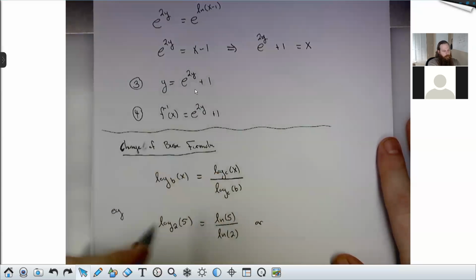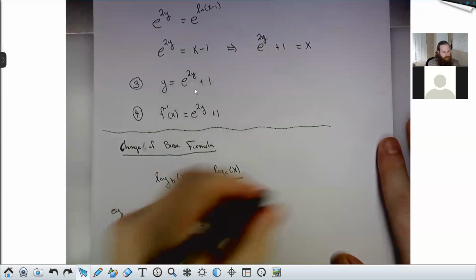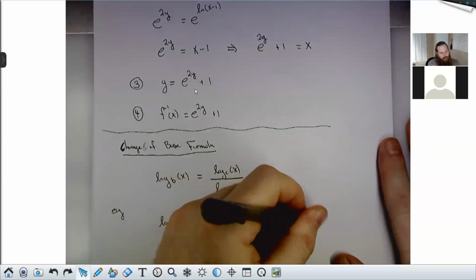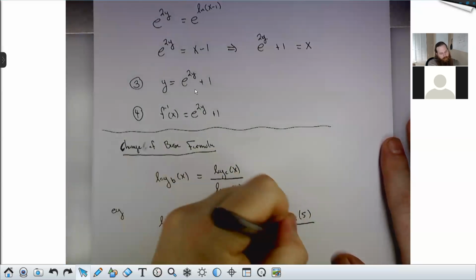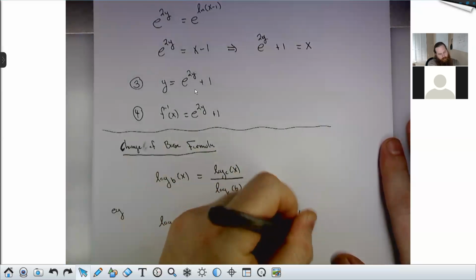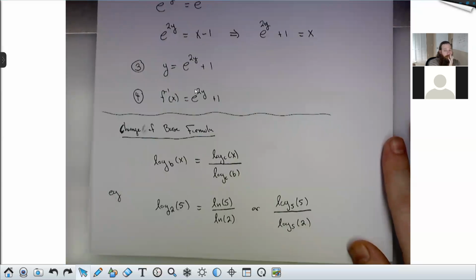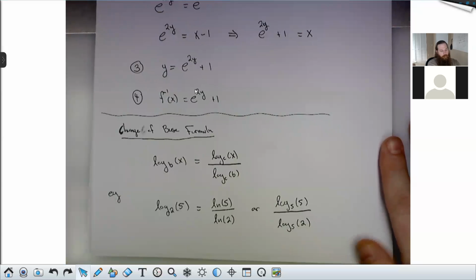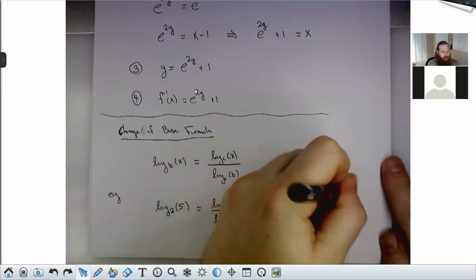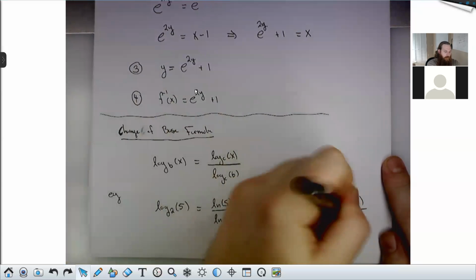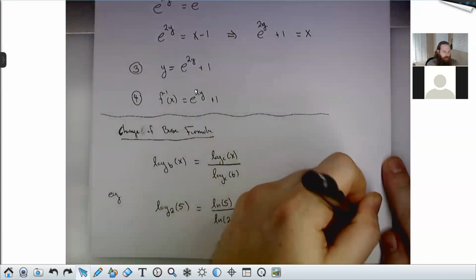Or if I wanted to rewrite it in base 5, I could write it as the base 5 log of 5 divided by the base 5 log of 2. Or if I wanted to write it as a common log, I could write it as the common log of 5 over the common log of 2.